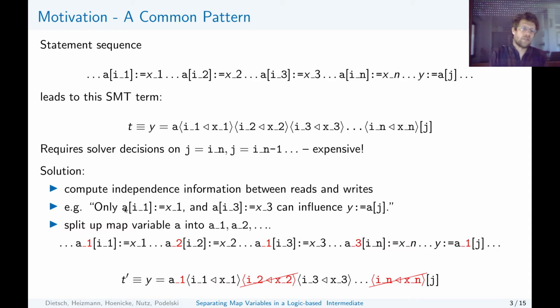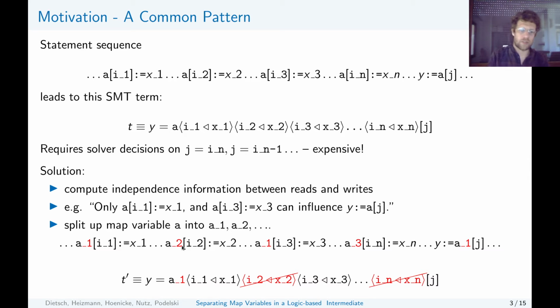So let's, for example, assume that only the first and the third statement can influence this map read statement. Well, in that case, we could split up our map variable a into a few different copies, and we could say that if we read from a1 in this read here, then only the writes at the first and the third write are relevant, and thus only they need to write to the map a1.